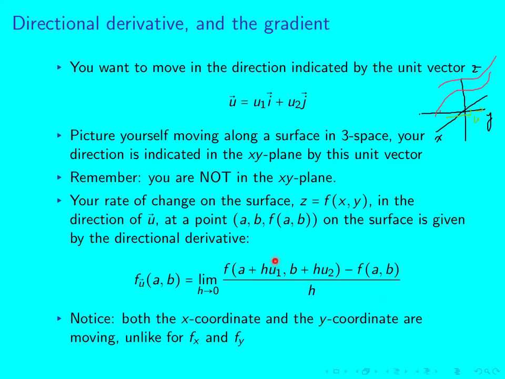The difference is that both the x and the y components are moving. This expression is pretty messy and not really very tractable to evaluate directly. So in the next slide we're going to think about how to actually calculate this directional derivative.